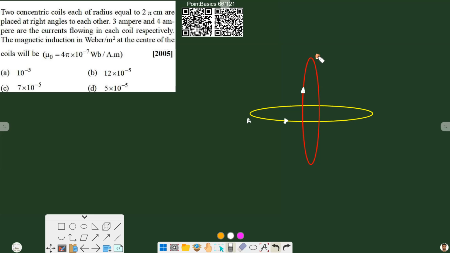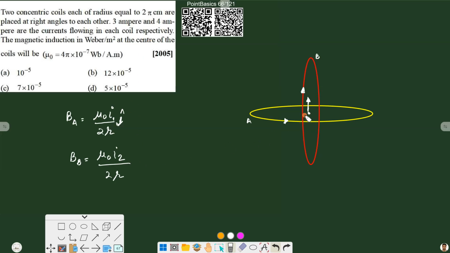The magnetic field due to ring A at the center will be mu naught I1 by twice the radius, and using the right hand screw rule we can say the direction of the magnetic field at the center due to ring A will be upward, the positive Y direction, J. Now the magnetic field due to coil B will be mu naught I2 by twice R, as currents are different and the radius is the same for both.